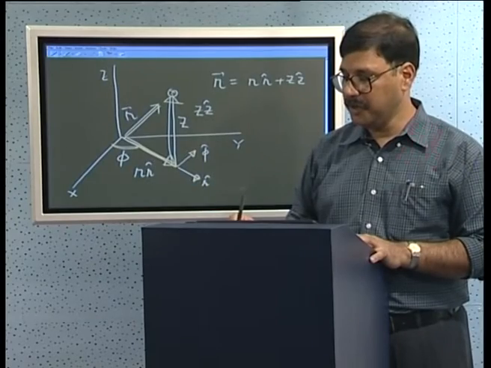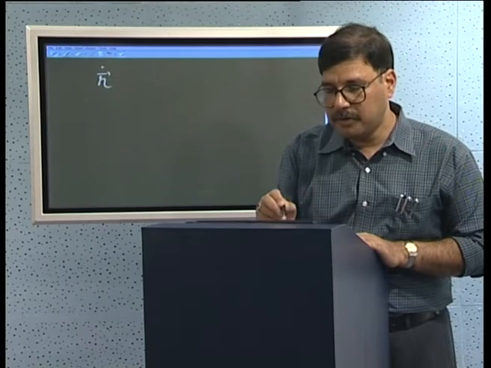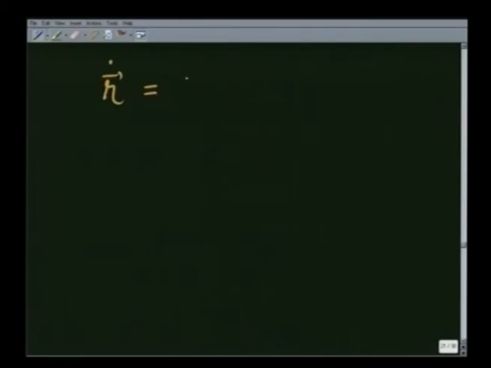How about the velocity of the particle? Again, it is very simple in this case, because the motion in the x y plane is being given by the planar polar coordinates and the z direction is fixed. So, therefore, r dot, the velocity, is going to be equal to d by dt of r plus z.